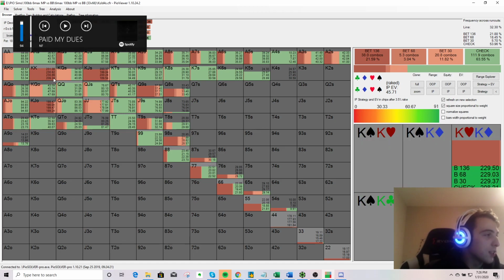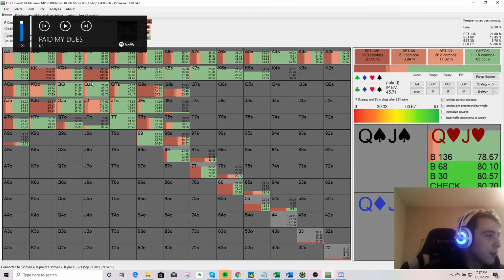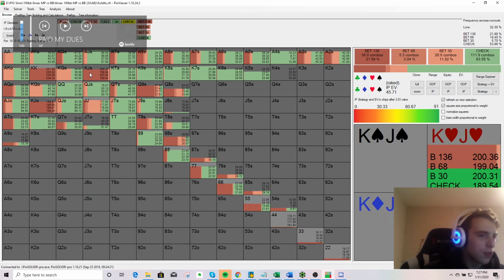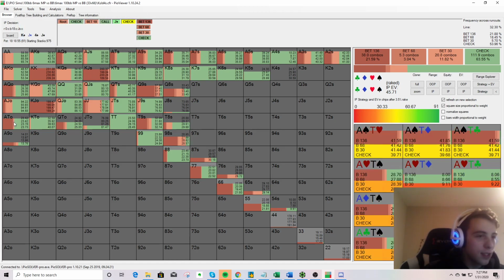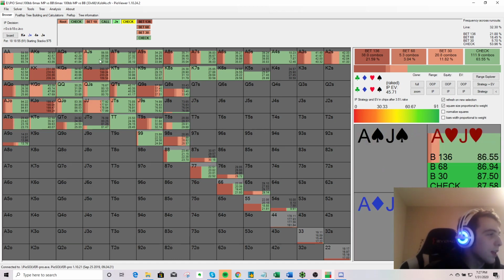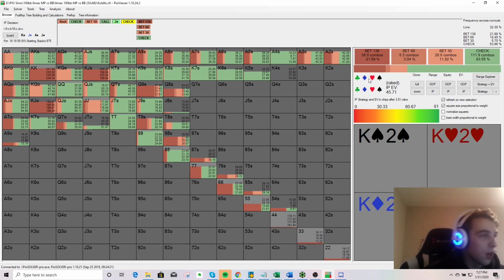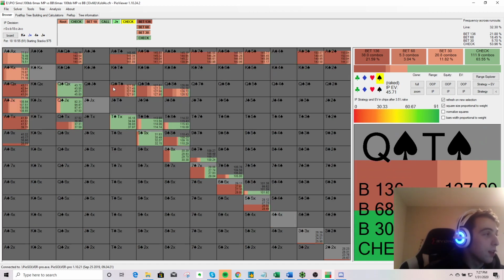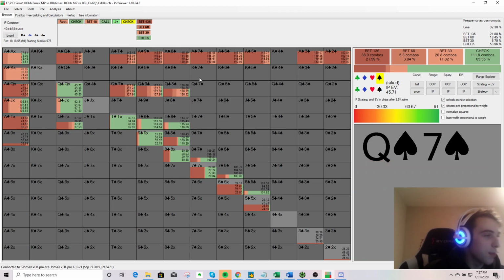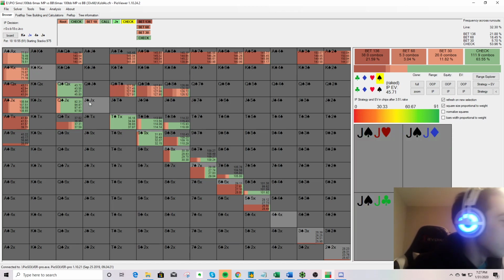Okay, so our boats are using the sizing. Okay. Ace 10 with a spade blocker is going big. Interesting that ace jack. Okay, I guess with the flush getting there. Okay, so nut flush is overbetting on this card.